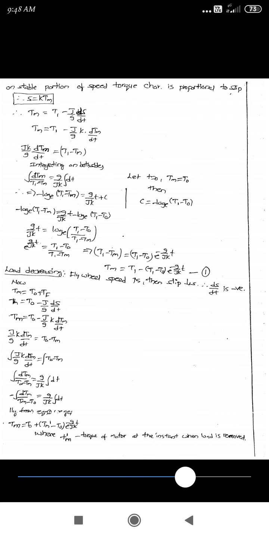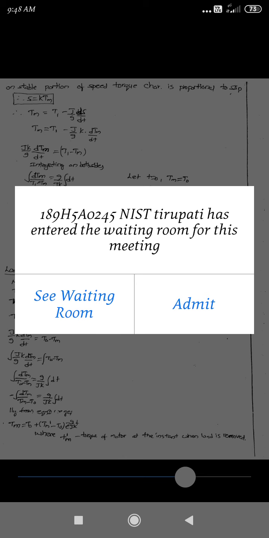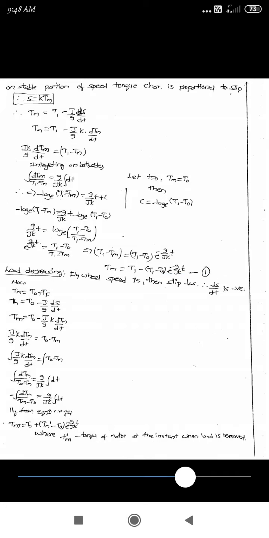From that expression we modify it as JK by G into dTm by dt is equal to T1 minus Tm. Now integrating on both sides, the limits are taken as initial position t is equal to 0 and Tm is equal to T0. Here the motor initial condition is taken as 0, and then the motor reaches torque T0.